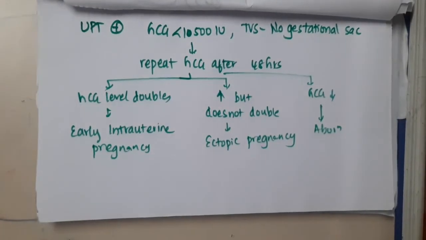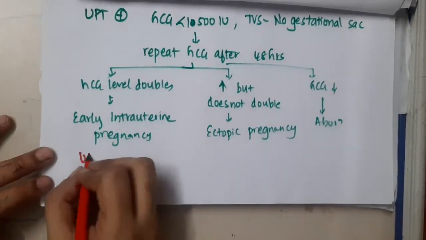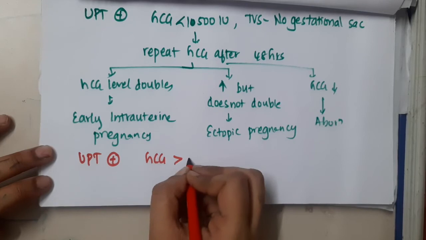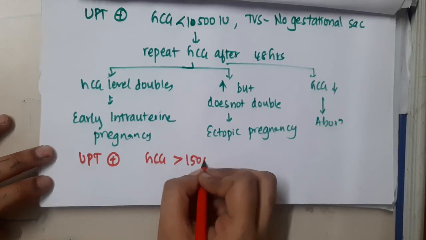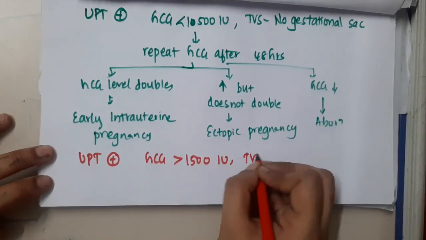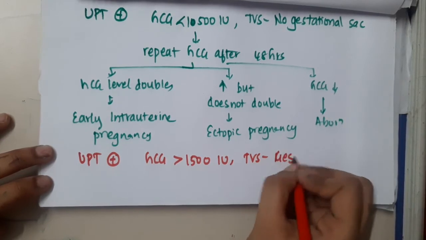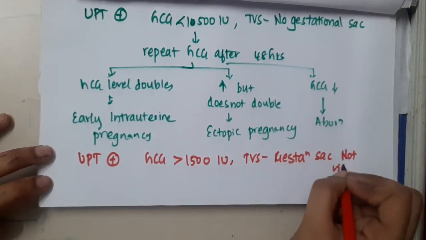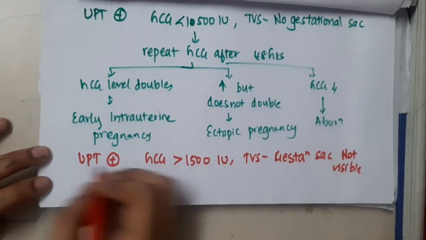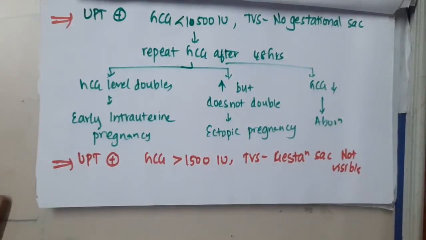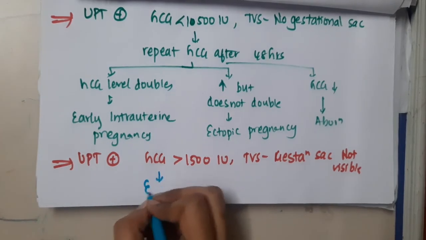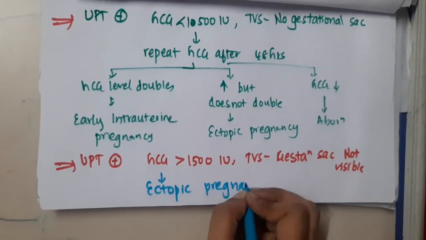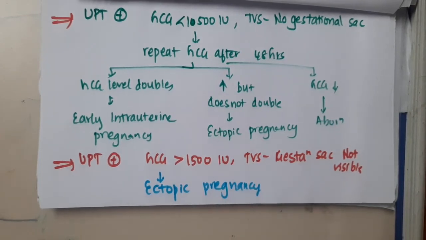Then if UPT is positive and HCG is more than 1500 international units, and on transvaginal ultrasonography the gestational sac is not visible, that means if it is more than 1500, the gestational sac has to be visible. But if it is not visible, then it is definitely an ectopic pregnancy. So these are the important points about HCG. Thank you for watching.